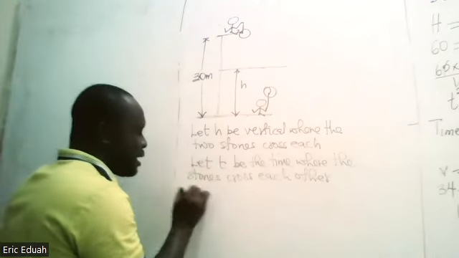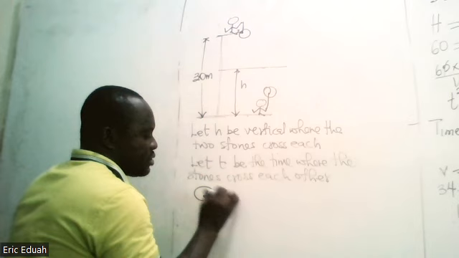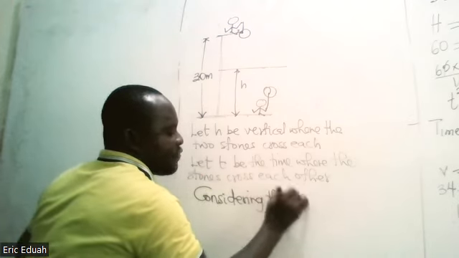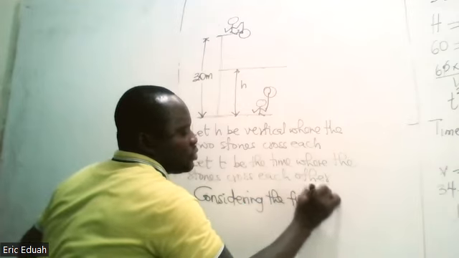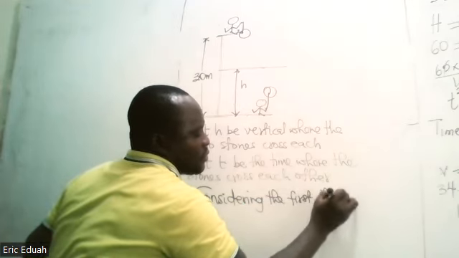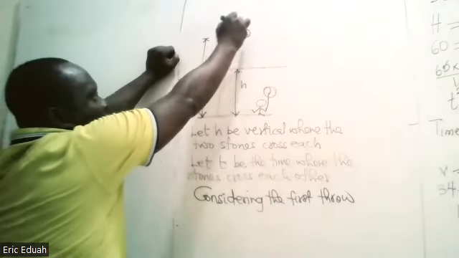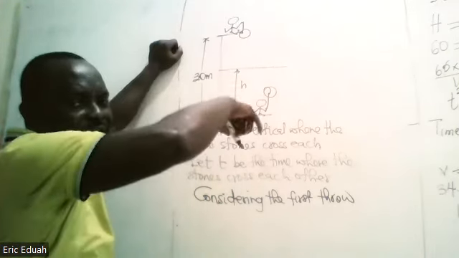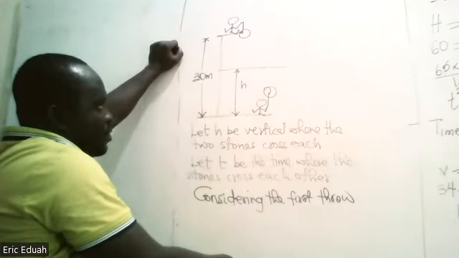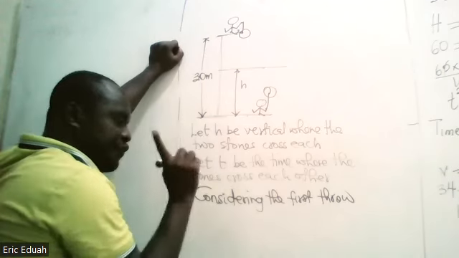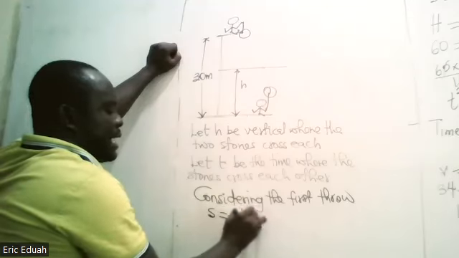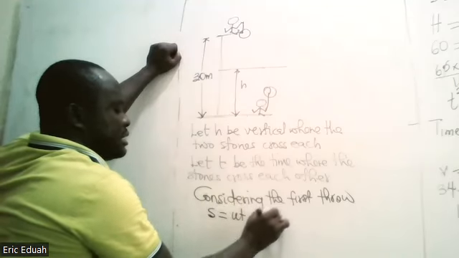When we consider the first stone being projected from the top of the cliff to the ground, this is free falling, so using s is equal to ut plus half gt squared.